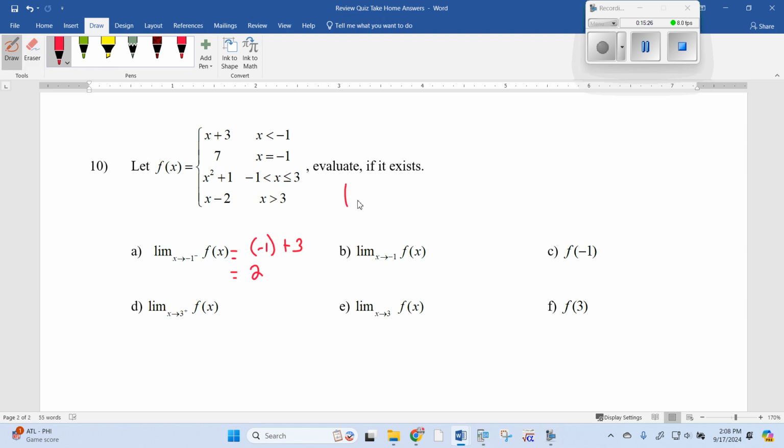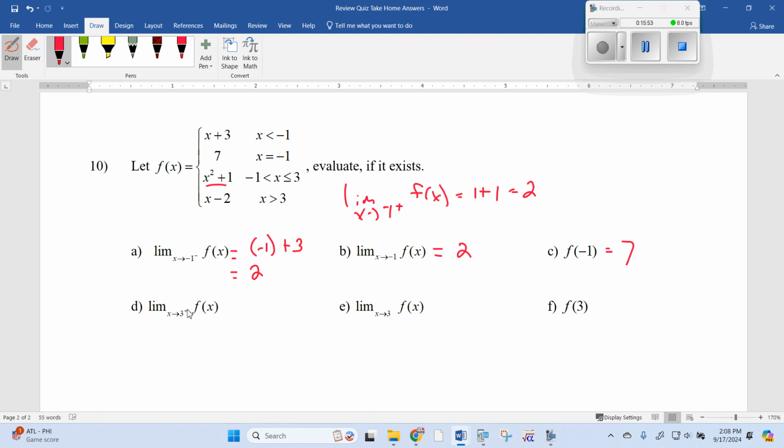I have to consider the limit at -1 from the right. And from the right, it goes into this equation, which would be 1 plus 1, which is 2. Now, the limit from the right and the limit from the left are the same, so the limit at -1 is also equal to 2. The functional value at -1, though, is equal to 7.